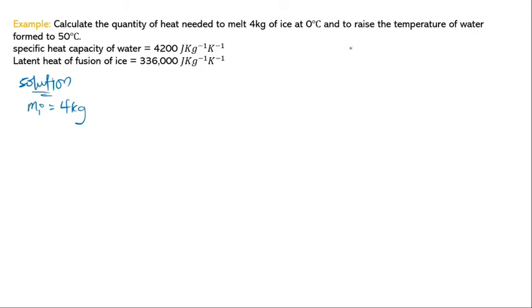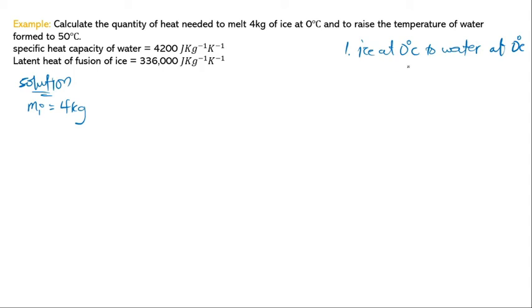Now let's look at the changes that are occurring here. First of all, the ice is at 0 degrees Celsius, so we need to convert ice at 0 degrees Celsius to water at 0 degrees Celsius. And this transformation is latent heat, from ice to water, so it's latent heat of fusion.